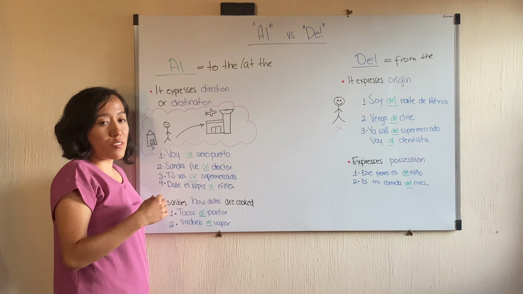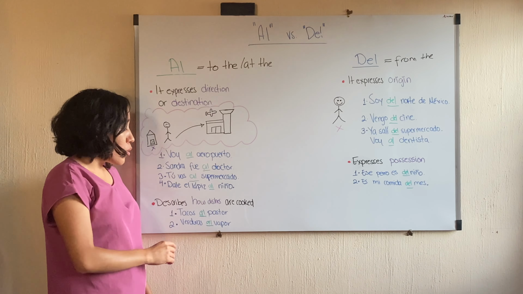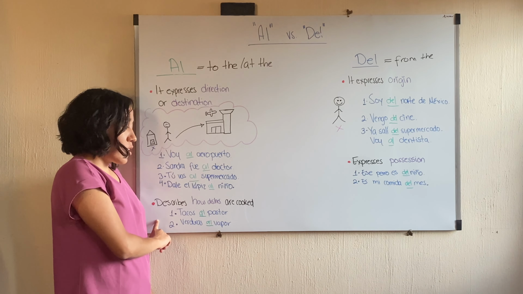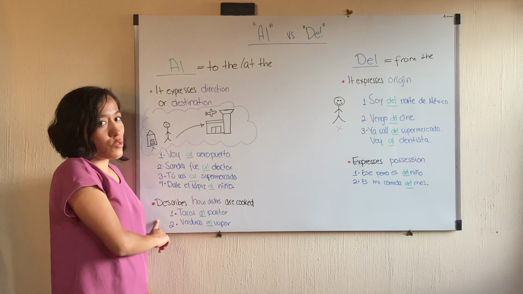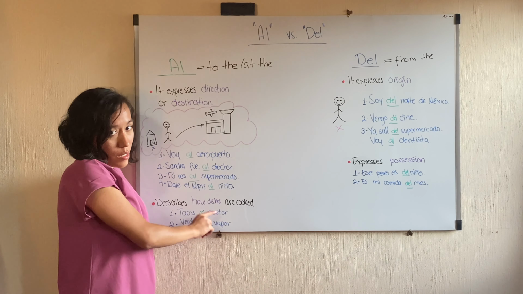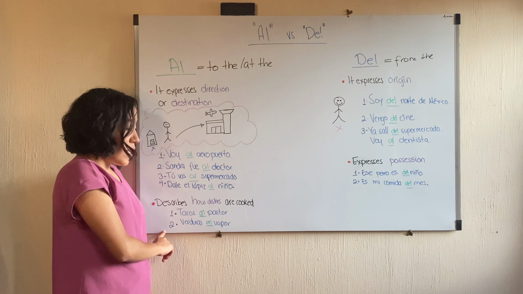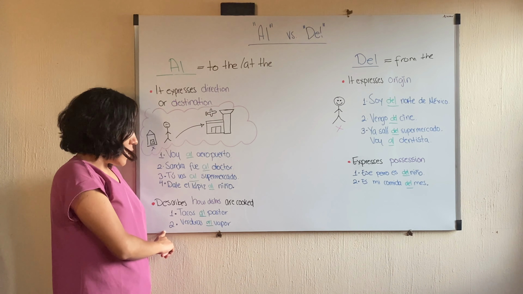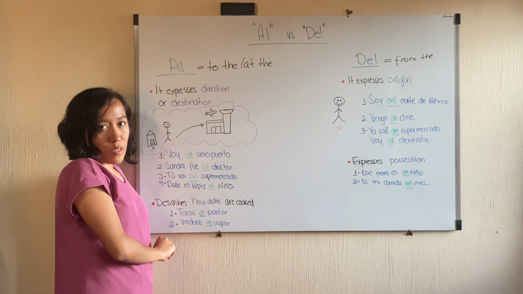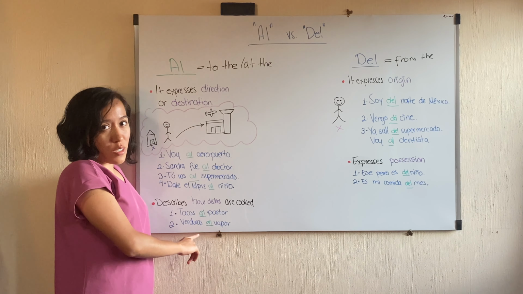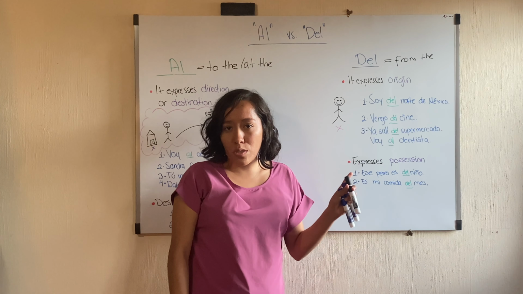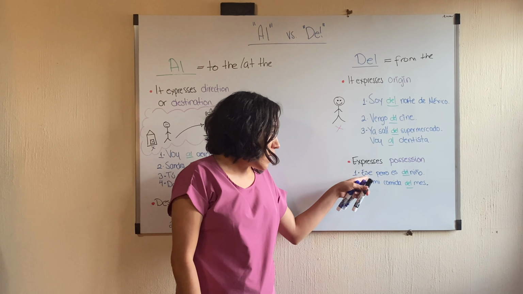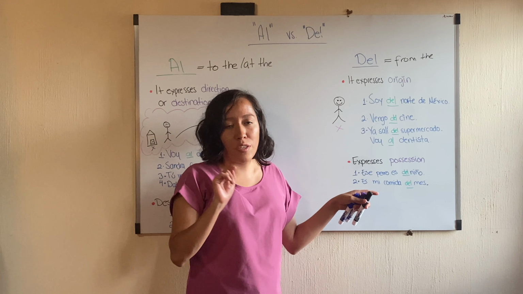Al and del have other uses too. For example, we can use al to describe how dishes are cooked. If you come to Mexico, you really have to try tacos al pastor. If you're on a healthy diet, you're probably eating verduras al vapor, which means steamed veggies. Del, on the other hand, is used to talk about possession. For example, ese perro es del niño.